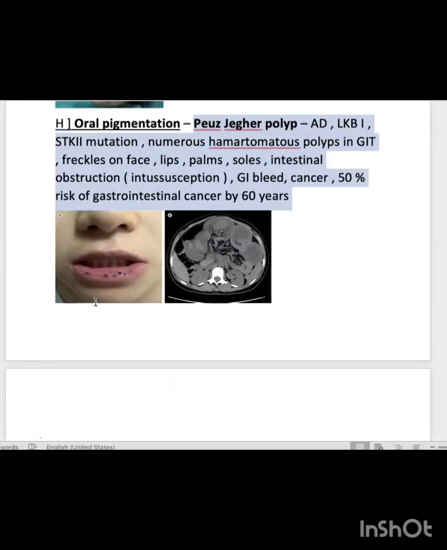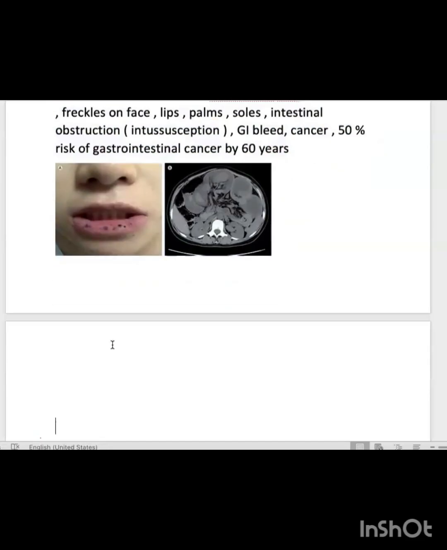So questions based on GI bleed with a picture showing freckles on the lips or face or palms or soles, the answer will be Peutz-Jeghers syndrome.